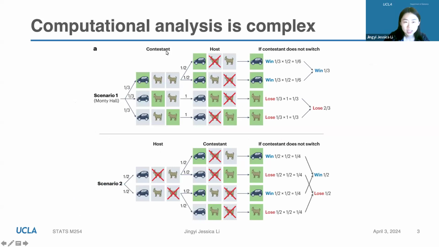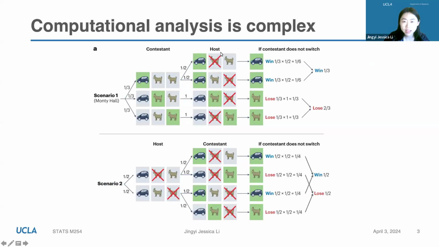A contestant, like an audience member who participates in this game, would try to guess behind 3 doors which door has a car behind, and the other doors have a goat behind. The host knows the answer. How the game works is that the contestant will randomly pick one door as the first choice.